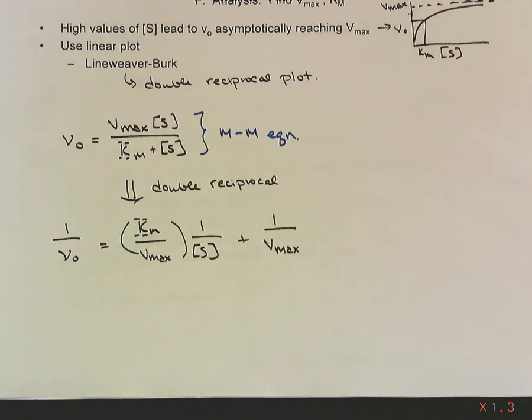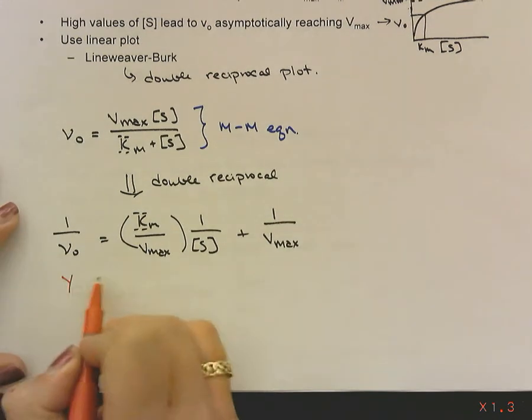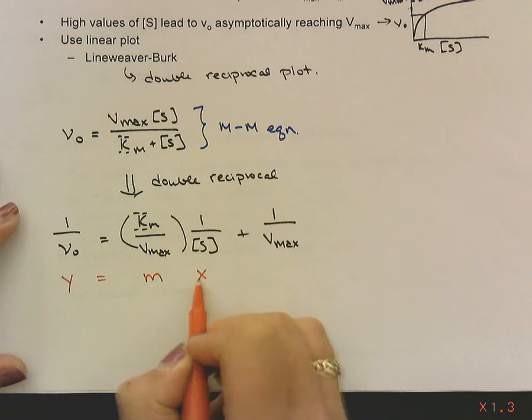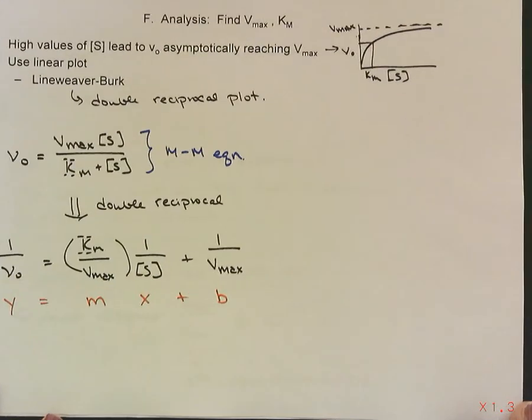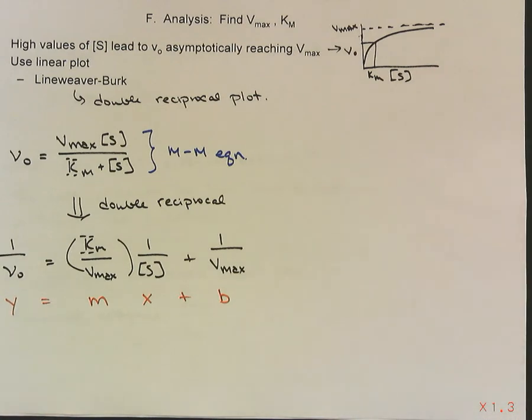I have now written this in a way that my graph is linear. So let's go ahead and plot that and see where these important things come out on my graph.